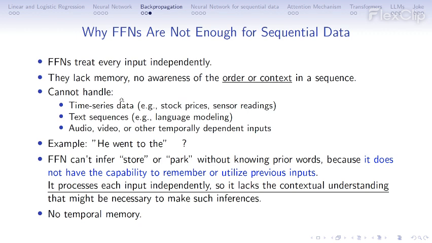So the idea of back propagation and gradient descent and feed forward networks works very well, but the problem is why this is not enough is when it comes to sequential data.